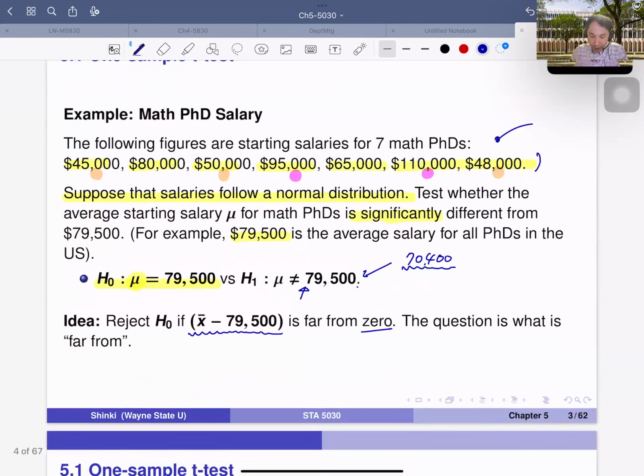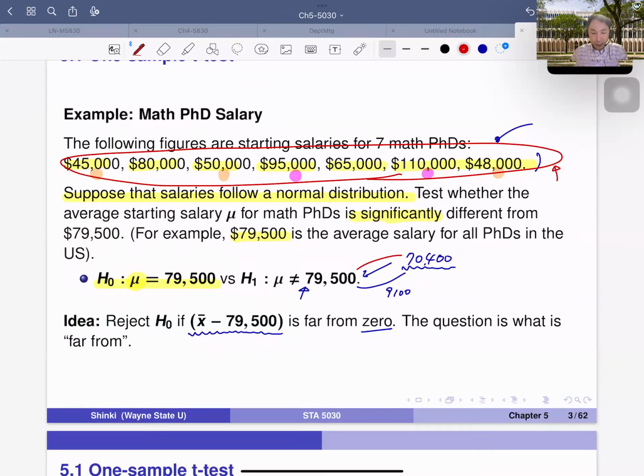One factor is the difference, which is 9,100. But another factor is the variation within these observations. In common sense, if we have large variation in the sample, even if we have some difference, we cannot say these are significantly different.